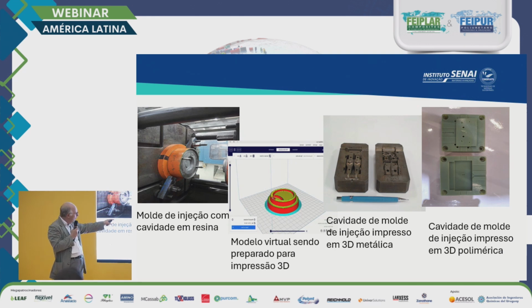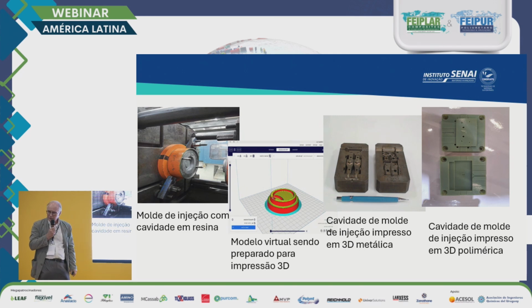It's a cap. It's like a lid for a cup. We had modeled this before. We had the model virtually. We did the modeling. And in this case, they are creating the layers to do the 3D printing here.